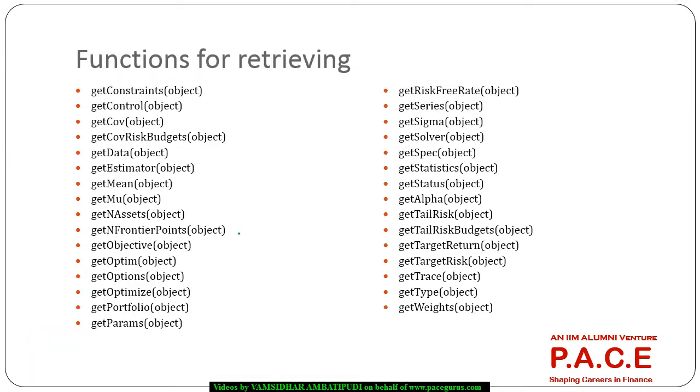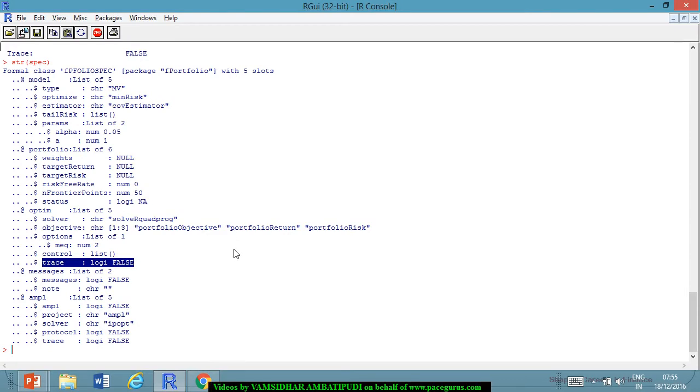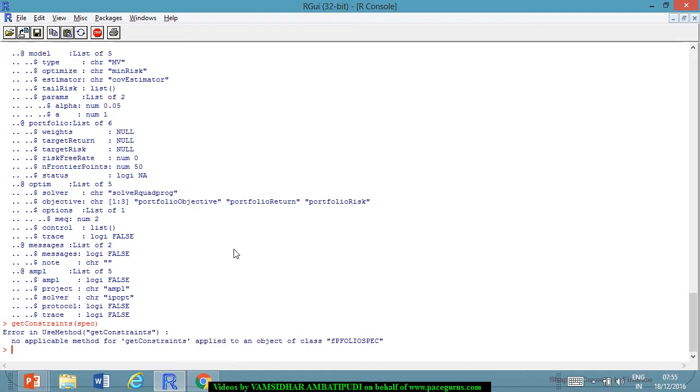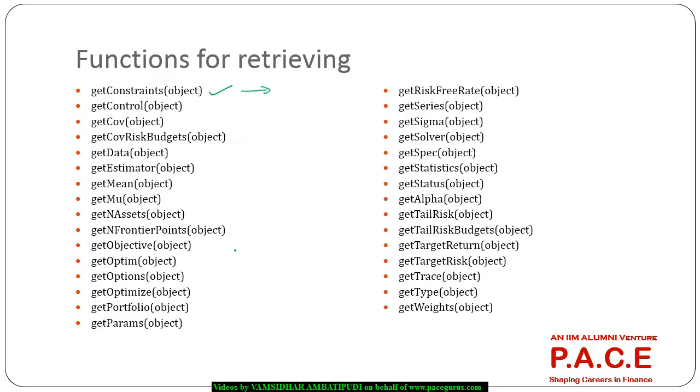right? So now going ahead with retrieving, you could see if I have any kind of constraints, I can get the constraint, especially this is after the portfolio creation, right? So let me just see now, get constraints. If right now you say get constraints of spec, this is the initial specification that we have. So once you have created a portfolio, then you can get all these things.